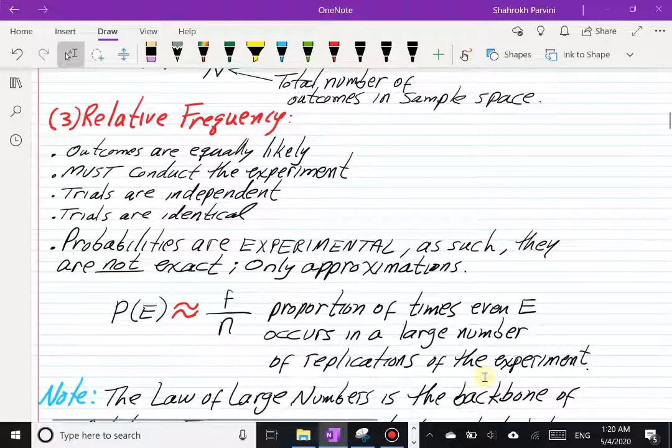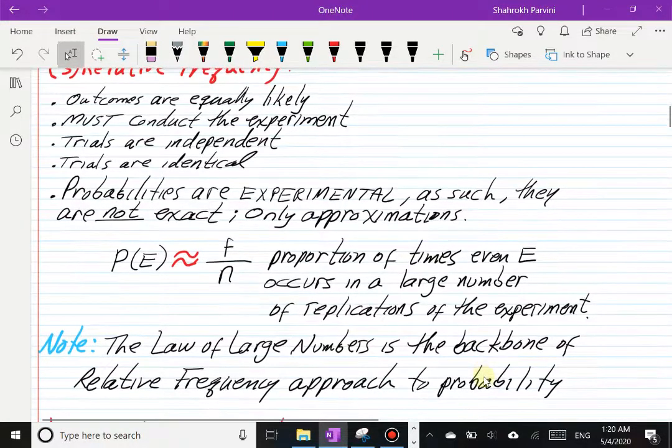Now, how is this going to help us? How is this going to actually validate the probabilities, if it's going to be approximate? Well, things in theory work out nicely, right? But in practice, it's a different thing. So what actually validates this approach to probability is the law of large numbers. Now, there are different versions of the law of large numbers.